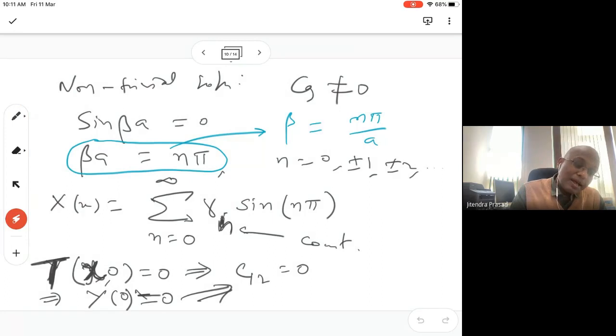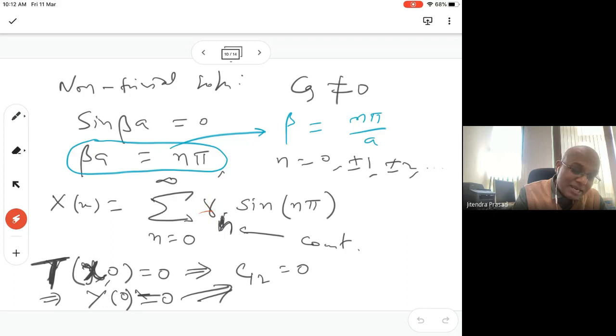So what we will do, we have various components. Let's say our x is given by an.